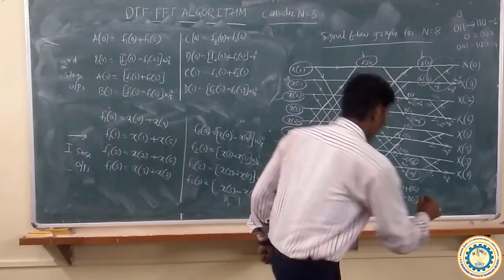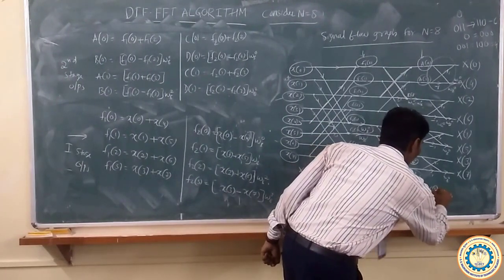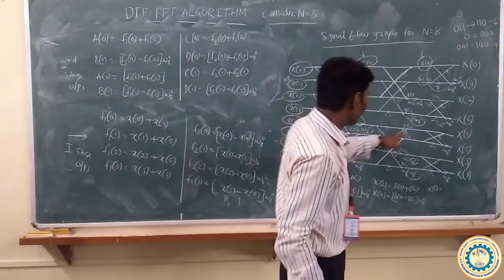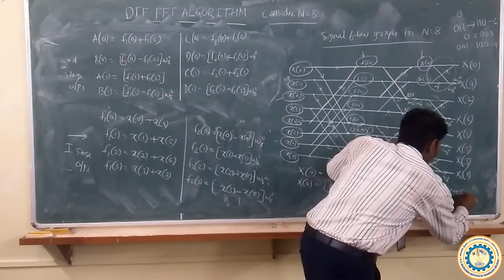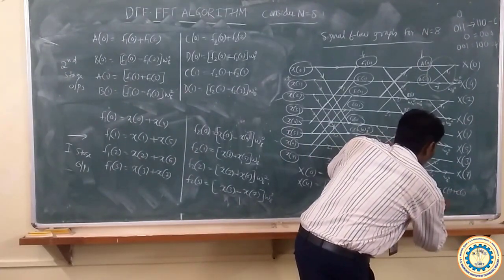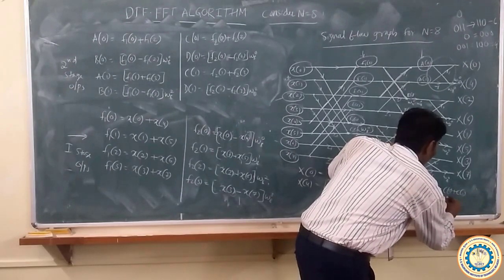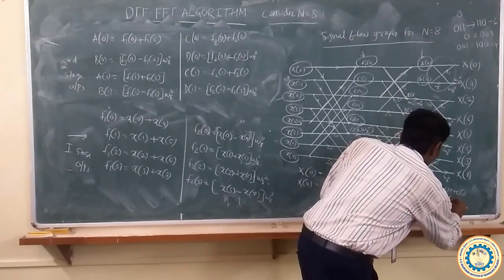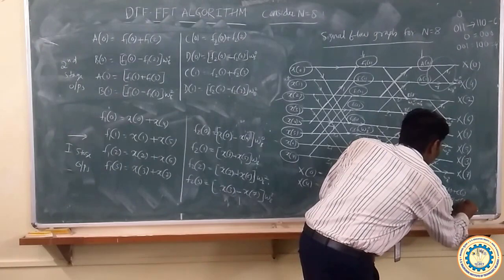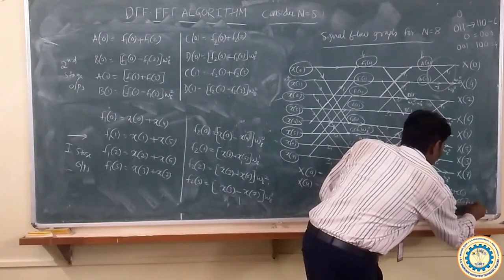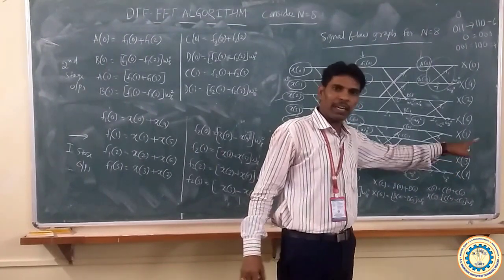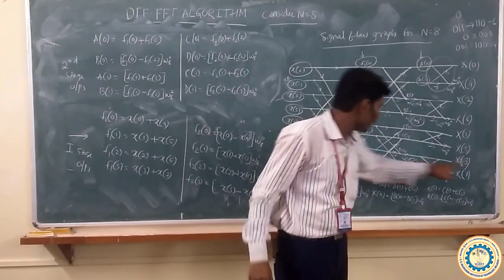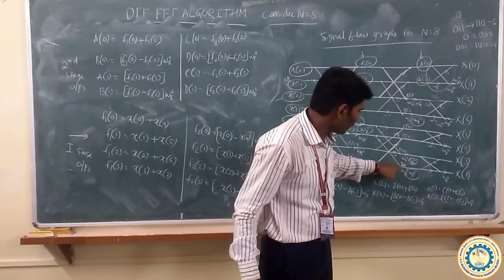Similarly, I have x of 1. X of 1 is equal to c of 0 plus c of 1, and x of 5 is equal to c of 0 minus c of 1. It will be multiplied by w8 0. Similarly, I can write x of 3 and x of 7, and x of 3 is equal to d of 0 plus d of 1.